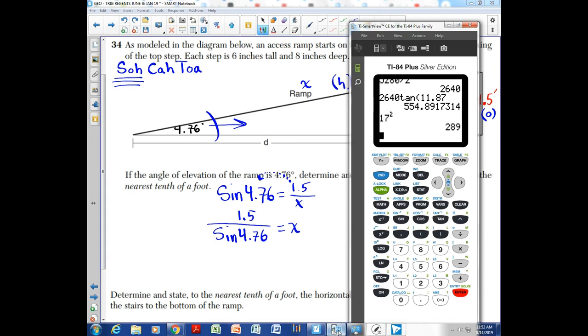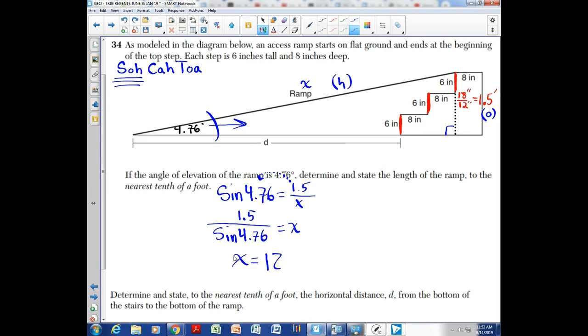Go to my calculator and say 1.5 divided by the sine of 4.76, enter, and I get 18.076178886. It says to the nearest tenth of a foot, so my x is going to be 18.1 feet, right? And that is my ramp.